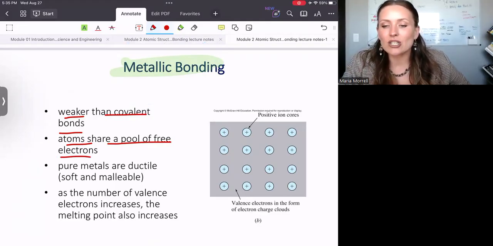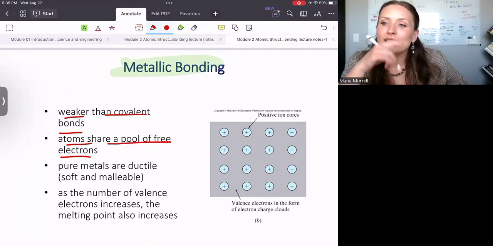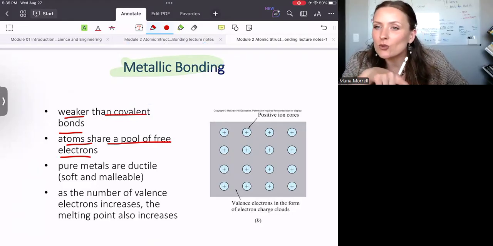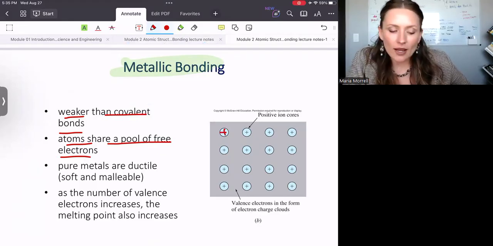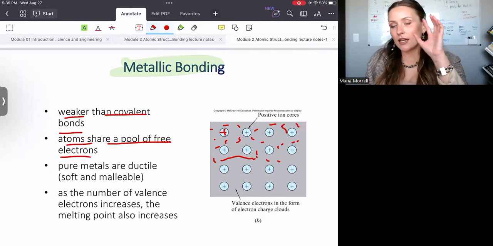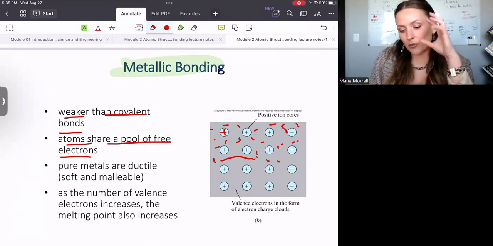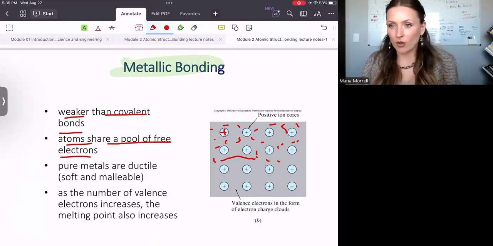I'd like you to pay attention to this figure that we see. Usually metallic atoms are not really neutral atoms. They're rather positively charged cores. Why? Because the electrons are floating everywhere. So you don't really have an equal number of protons and electrons because these electrons are everywhere.